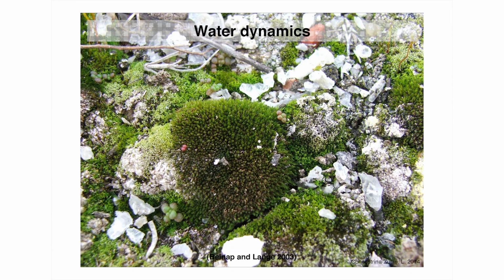They also can participate in hydrological cycles because, like you see here, a bunch of mosses can absorb water and release it over time. That is very important in these drylands where rain events are critical for the ecosystem dynamics.